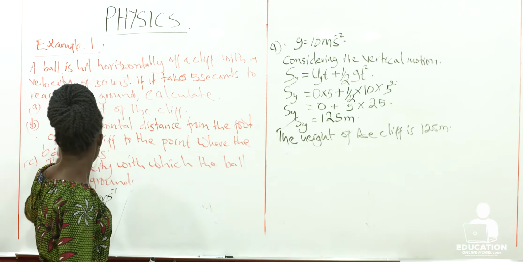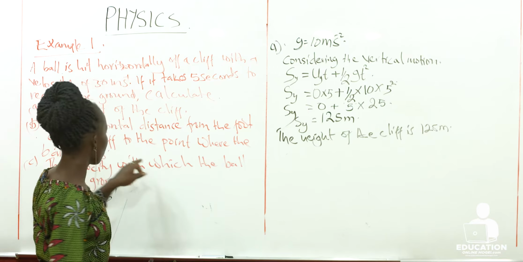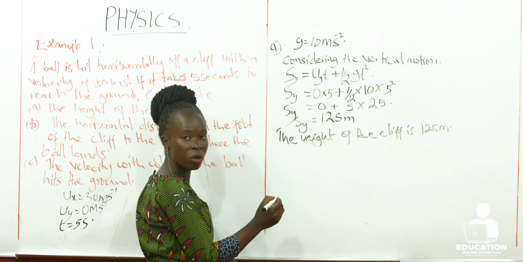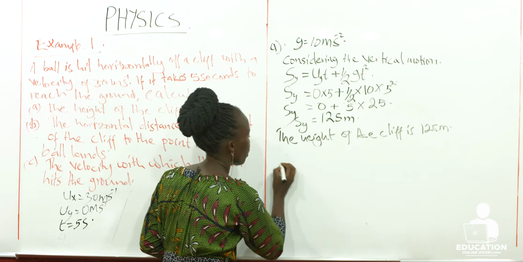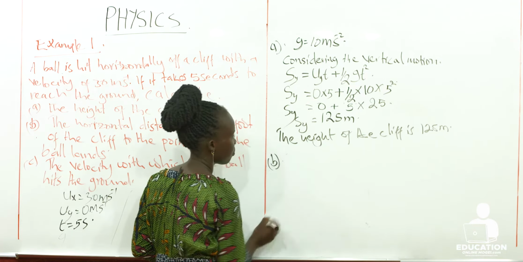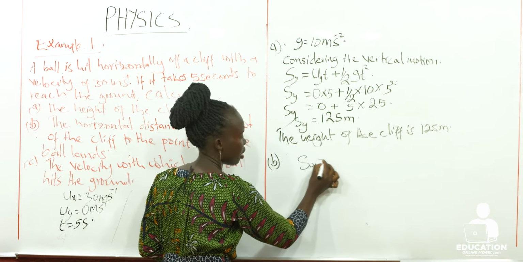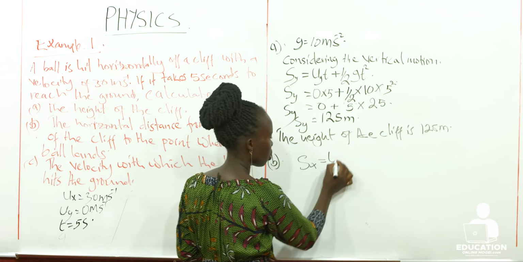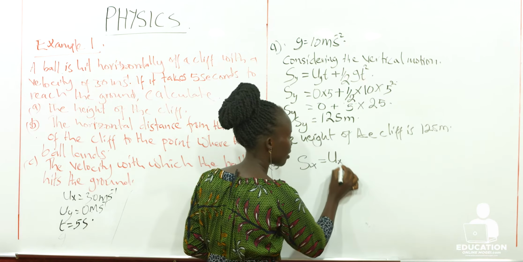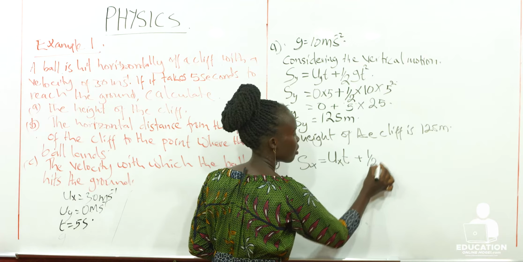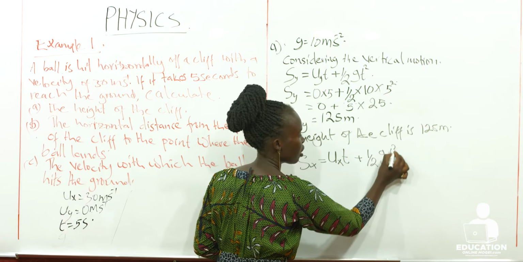So we can say our horizontal distance from the foot of the cliff, we are considering the horizontal motion of our ball. So we're going to have it as x is equals to ux t plus a half g t squared.